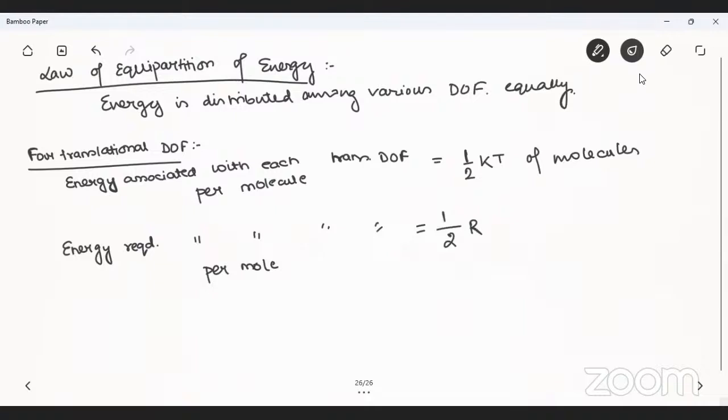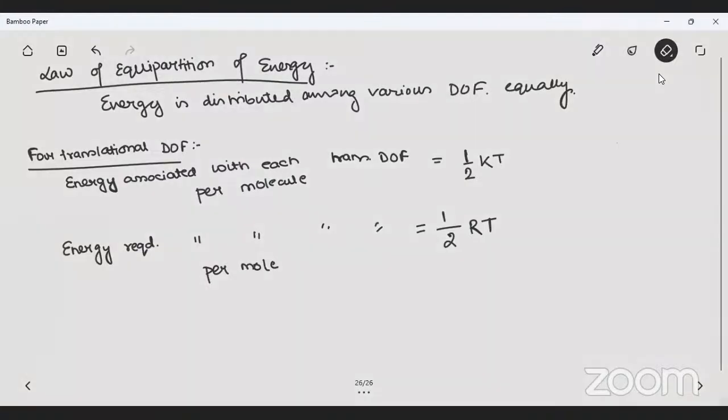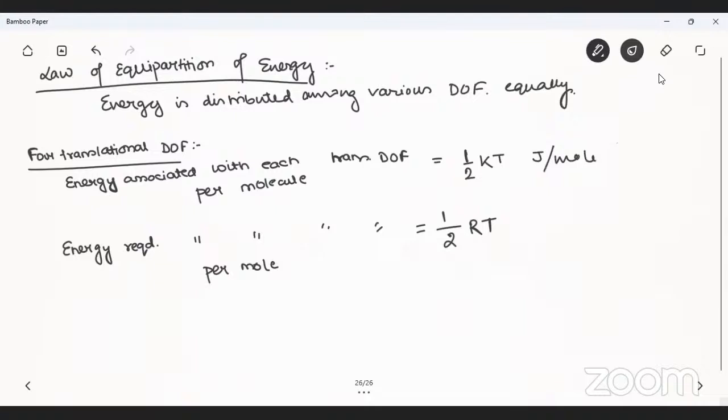Yes, ma'am. Good. Here I have already written, so no need to write again. So it will be joule per molecule. Okay, so this is the basic formula.